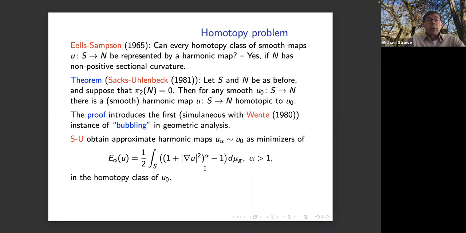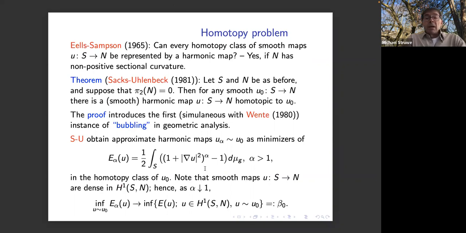And moreover, by the standard lower semi-continuity results for E_alpha, for any alpha strictly larger than 1, there is a minimizer u_alpha in the homotopy class of u0. Now, for smooth maps, it's clear that as alpha tends to 1, E_alpha of u converges to the Dirichlet energy of u.